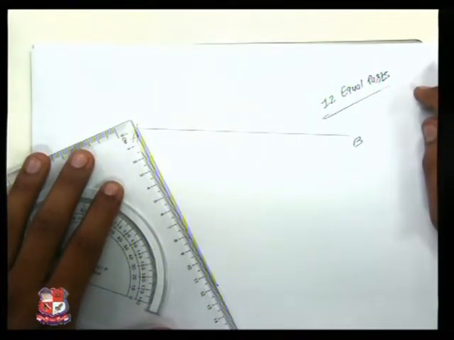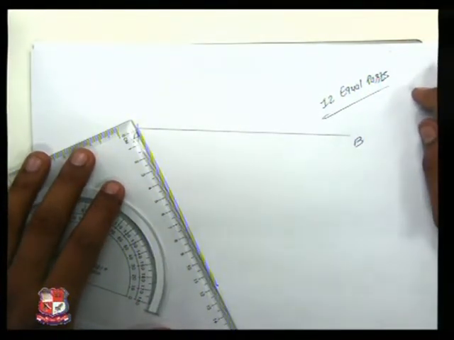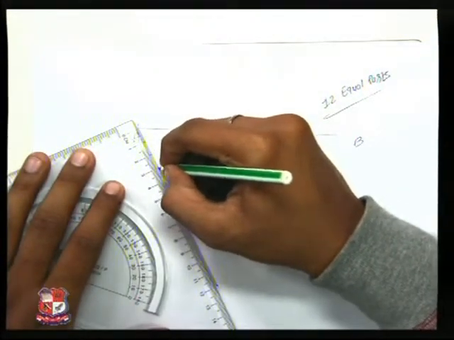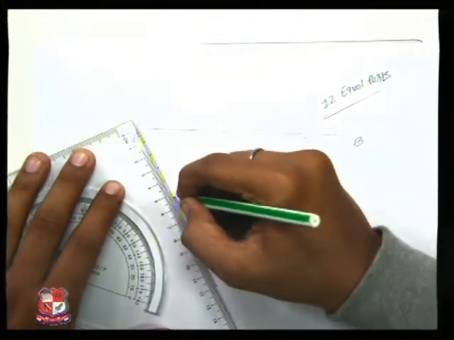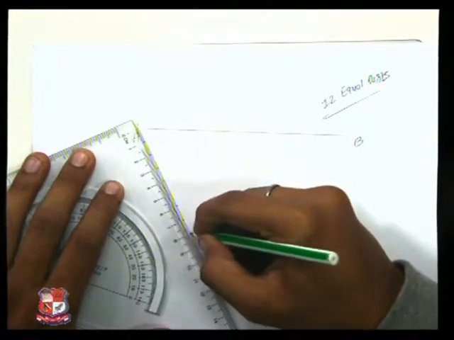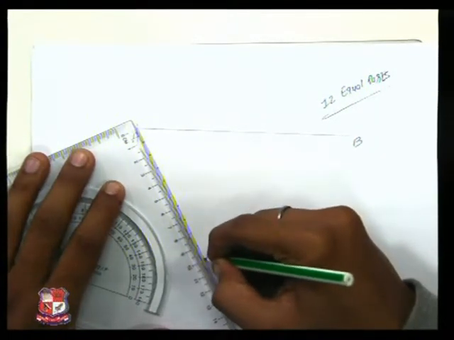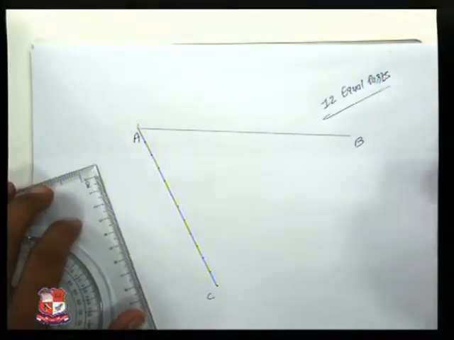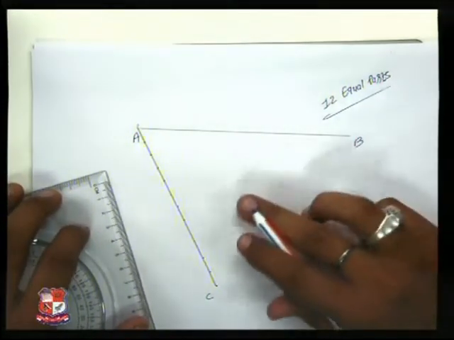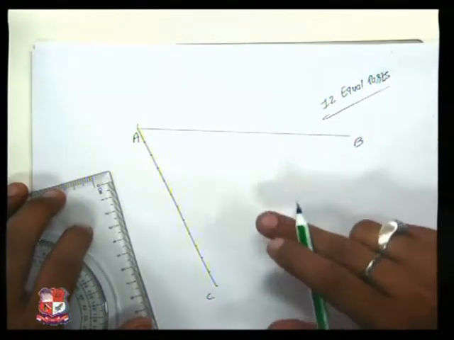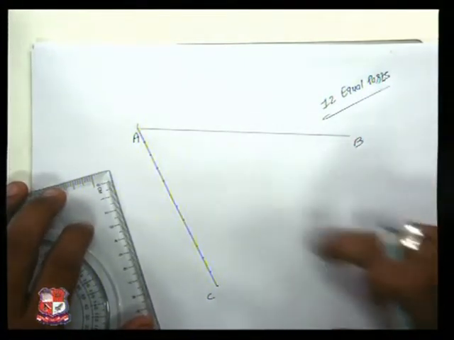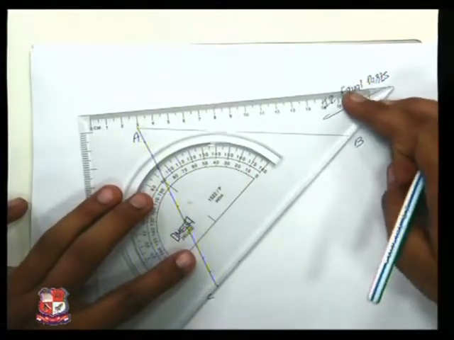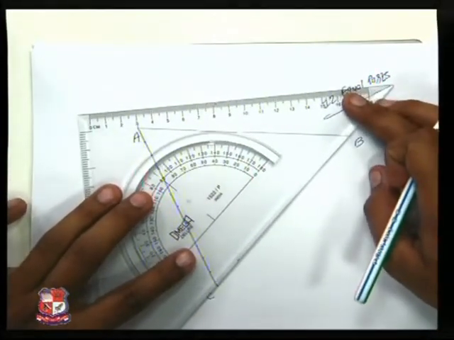If I want to divide this 12 centimeter line into 12 equal parts, then 1 centimeter each. Let's call it AC. I have divided AC line into 12 equal parts, 1 centimeter each, because I have drawn this line of 12 centimeter.